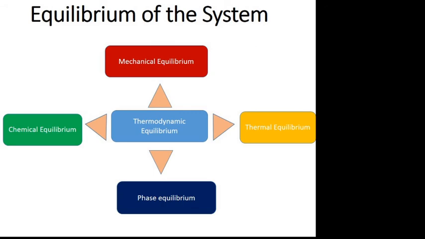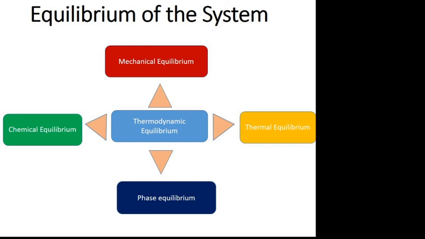If the water is weighed as 2 gram and water vapor is 1 gram, you are going to change the temperature from 20 to 35 degree. At that time also, if you measure the mass and it remains the same, that is water vapor remains 1 gram and water remains 2 gram, that condition is what is known as phase equilibrium.